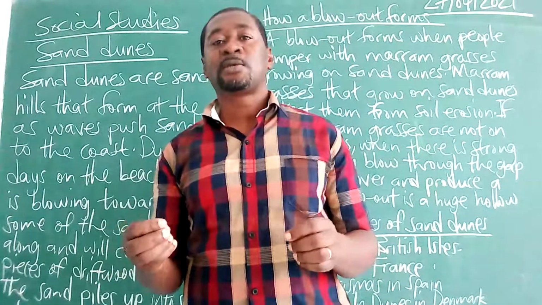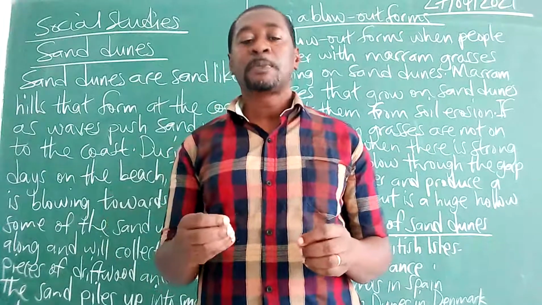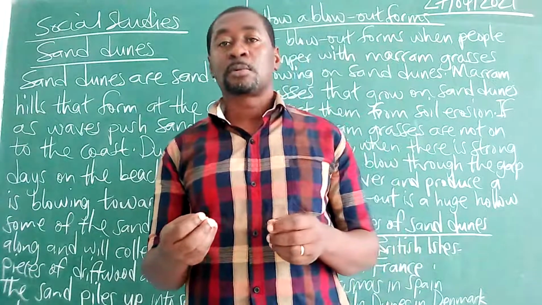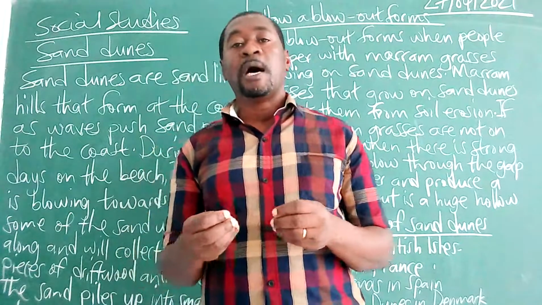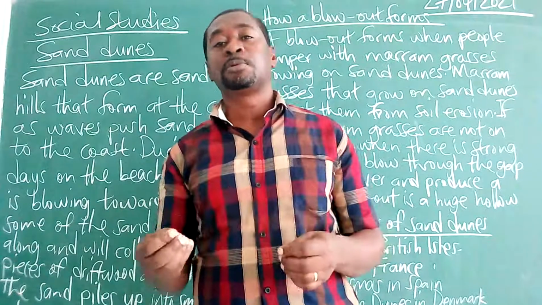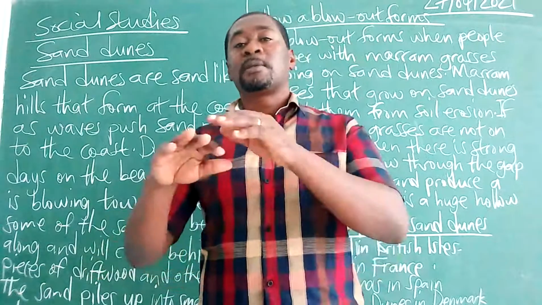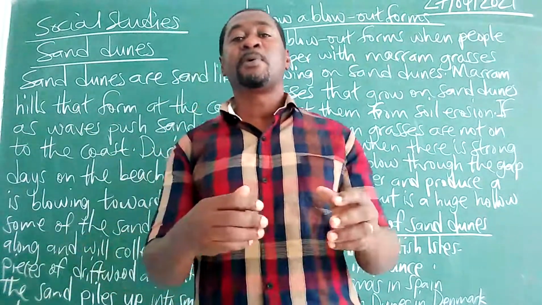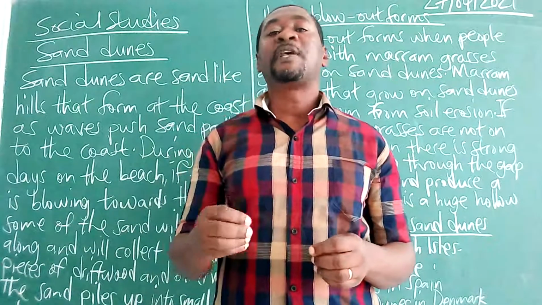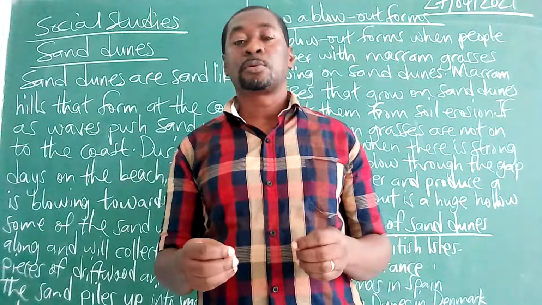These are the effects of sand dunes. Then the importance of sand dunes. When sand dunes are being blown, they bury what? Farmlands and the buildings near the place. But we have the importance of sand dunes.